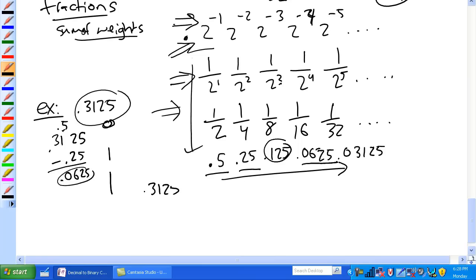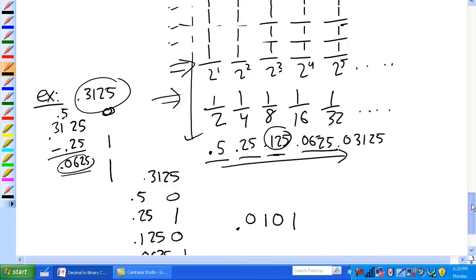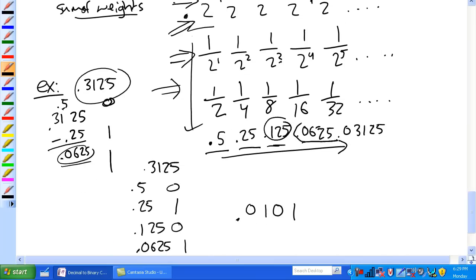So 0.3125. 0.5: there's no 0.5s. 0.25: there's one of those in there. Keep on going to the next one. 0.125: nope, there's none of those in there because there's a remainder of 0.0625. 1. Okay? Just reassemble this thing. It's 0.0101. Sorry about that, guys. I got so excited when I saw that there and just jumped to it.